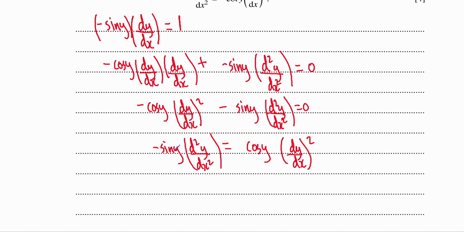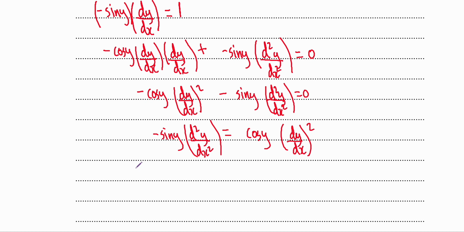Well, you can just divide by negative sine y on both sides. So you're left with the second derivative of y with respect to x is equal to, well, what's cosine divided by negative sine? That's just negative cotangent of y, of course, times dy by dx all squared. And that's exactly what you have to show.